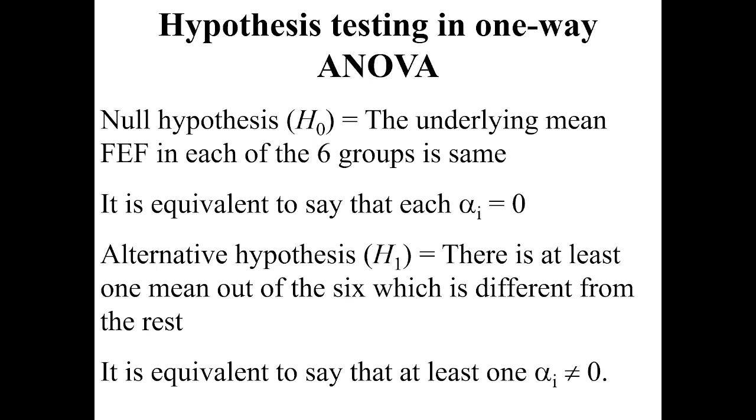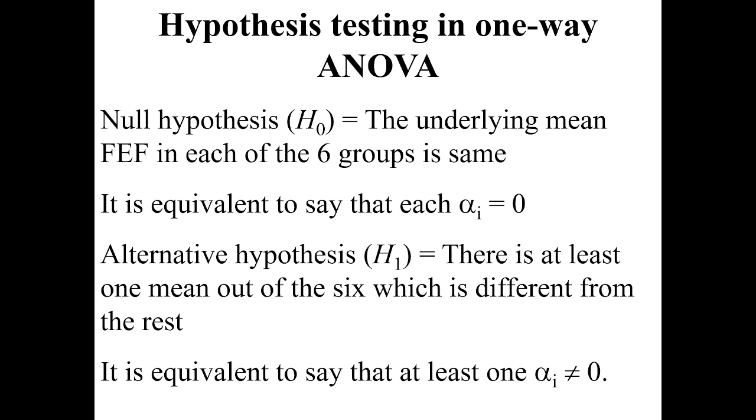It is equivalent to say, going back to your model, that each alpha i is 0. There is no specific group effect, because if every group is the same, it is the same as the overall mean.